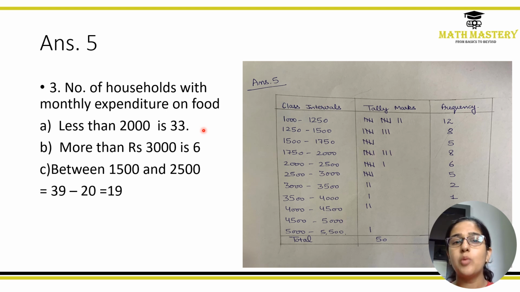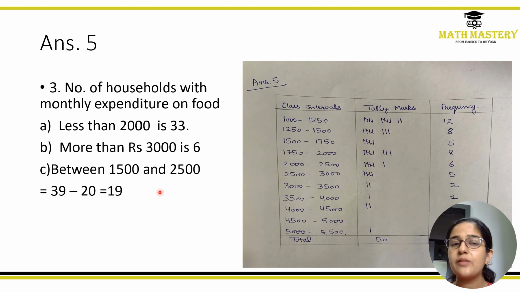B part, more than rupees 3000. For this, we have to take the class intervals starting from 3000 to 3500 and so on till 5500, and add up all the frequencies after 3000. We get the frequency equal to 6. So the answer is 6.